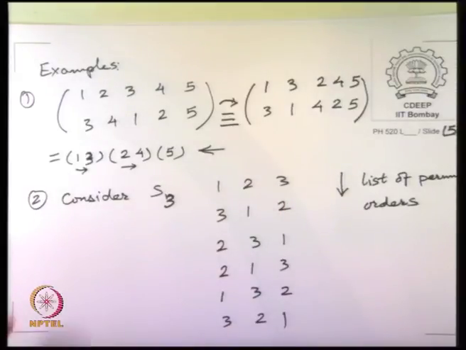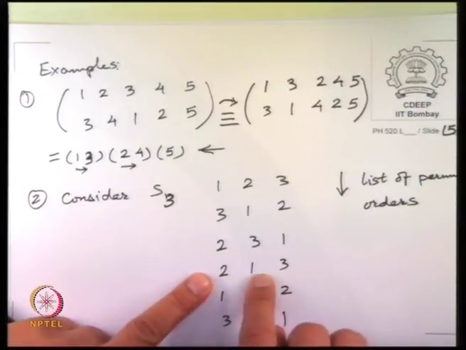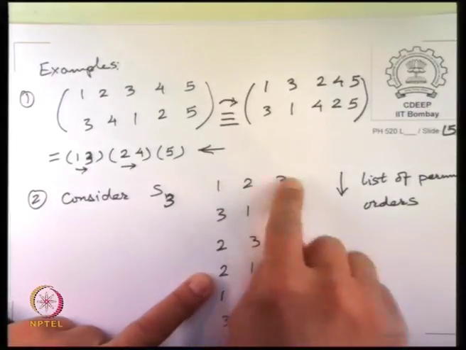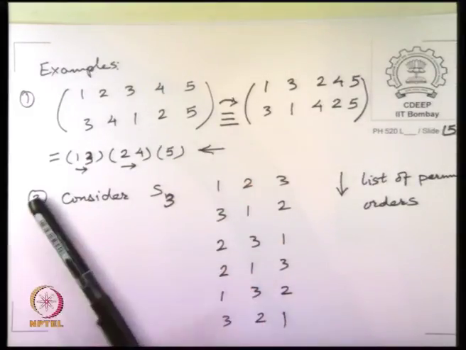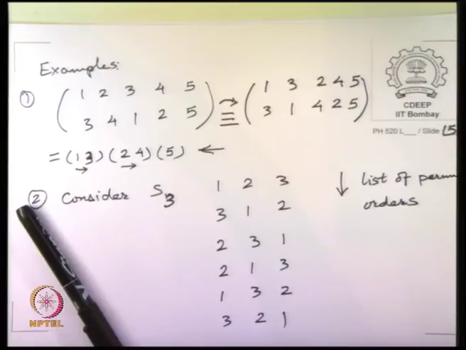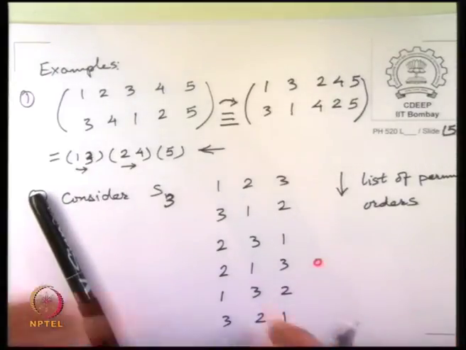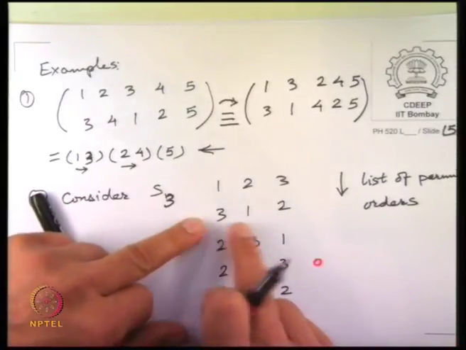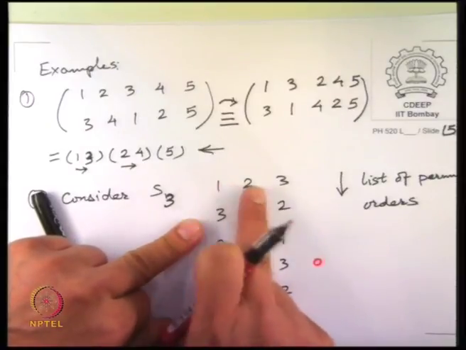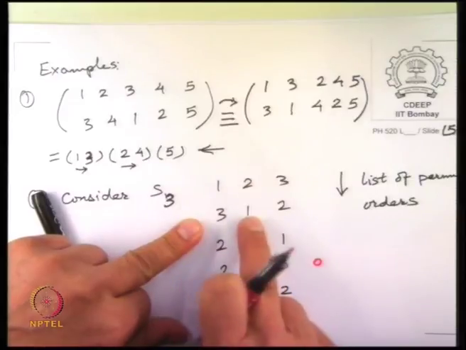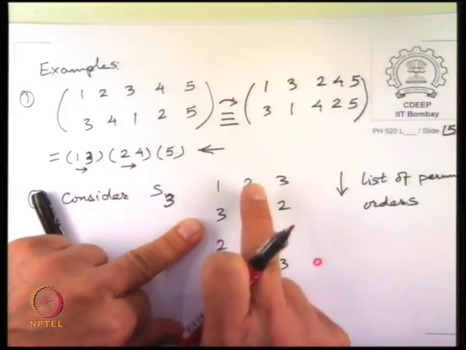Now we can see that this permutation, the 2, 1, 3, is essentially one exchange, right? So it is an odd permutation. So this is odd. Then if I go to 3, 1, 2, I can get 3, 1, 2 by first exchanging 1 and 2, so that 1 comes here, but 2 is here.